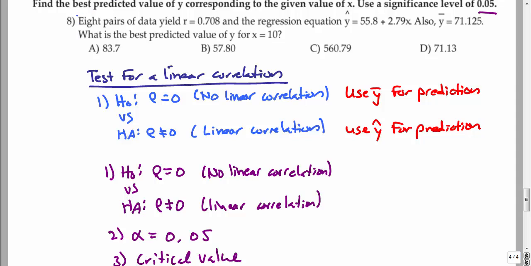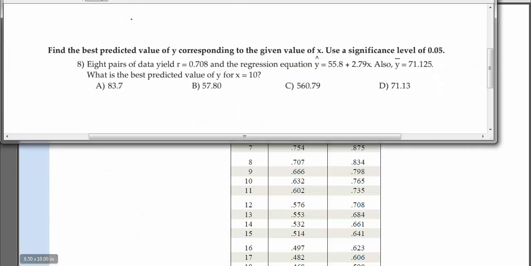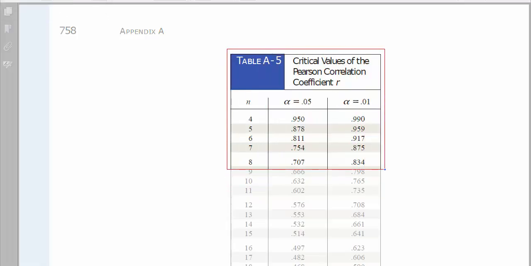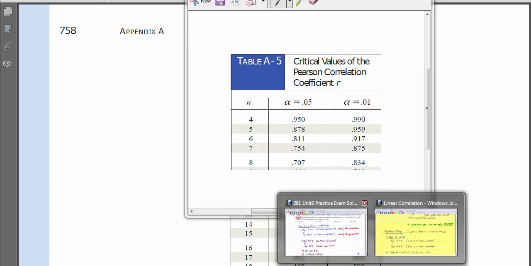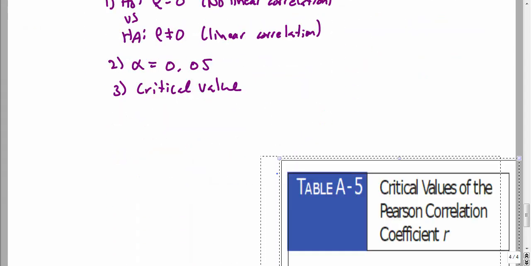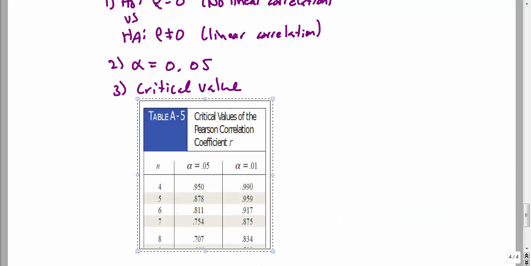So n equals 8 is our other important piece of information. So let's look at the 0.05 and n equals 8, and that will be our critical value.